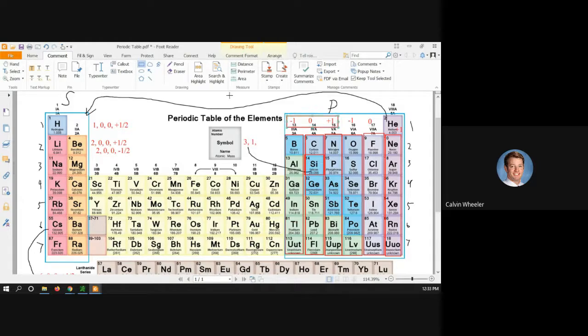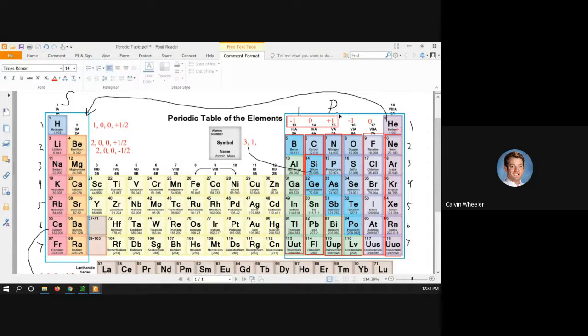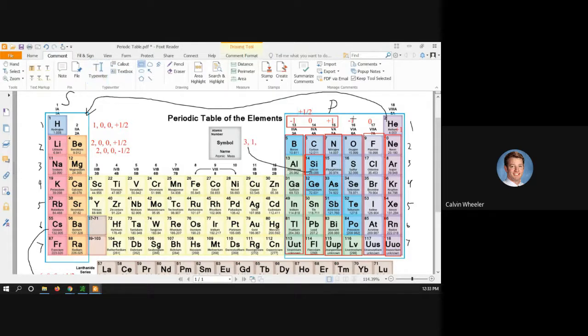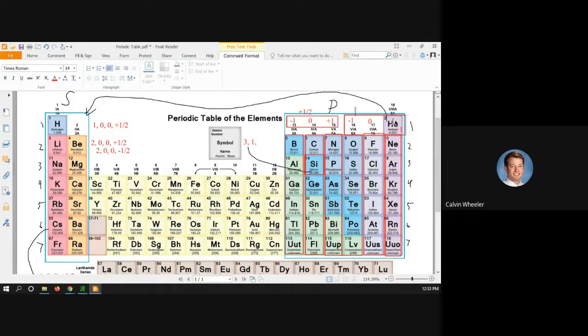These 3 are of the positive 1/2 type. These 3 are of the -1/2 type.